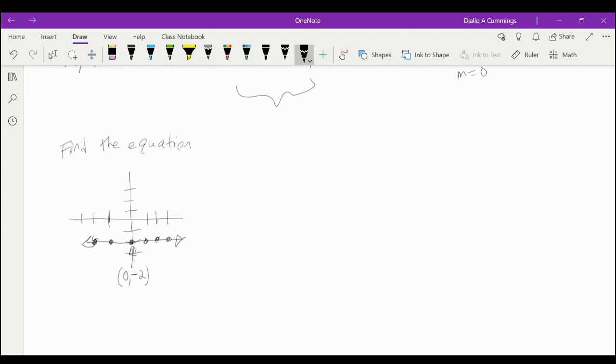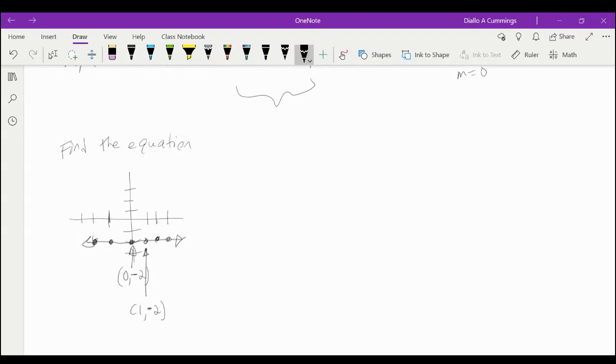Now I'm going to take the coordinate for this second point. Again, I'm at the origin. I'm going to move one place to the right, so my x coordinate is +1. I'm going to go down 2, so my y coordinate is -2. The y coordinate for every point on this line is -2.